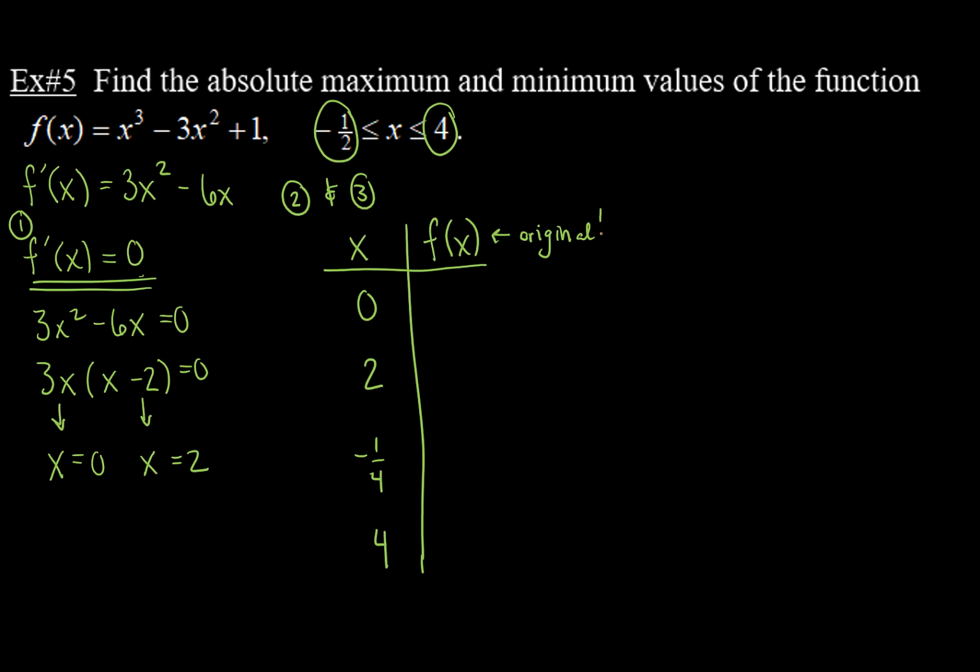So when I plug in 0 into my original function, I get 1. So 0 cubed minus 3 times 0 squared plus 1 gives me 1. If I plug 2 into my original function, I get -3. If I plug -1/4 into my original function, I get this answer as a decimal here, and don't round your answers.